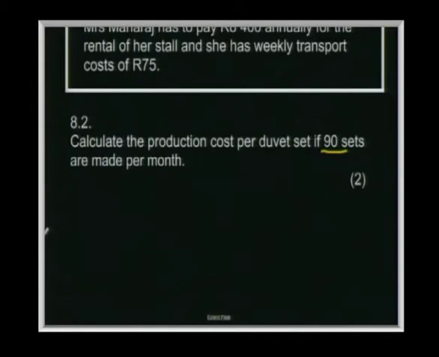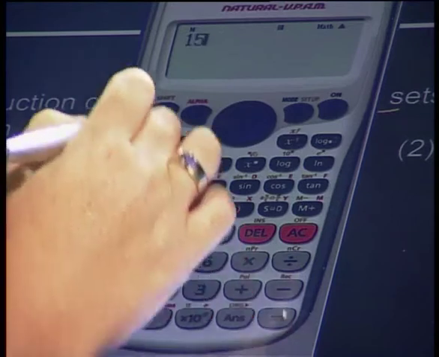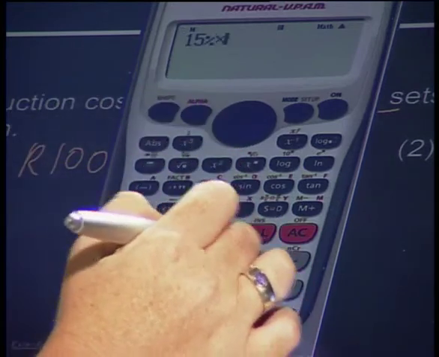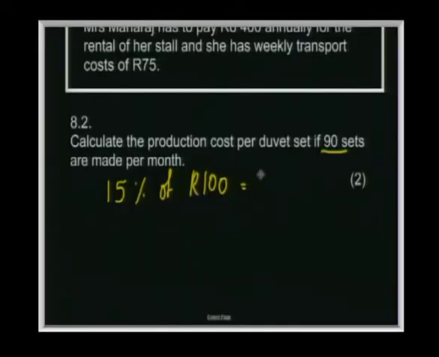So we need to find out what 15% of 100 is, because that was the total price. 15% times 100 is equal to 15 Rand. And we're now taking that off because it's 15% less.